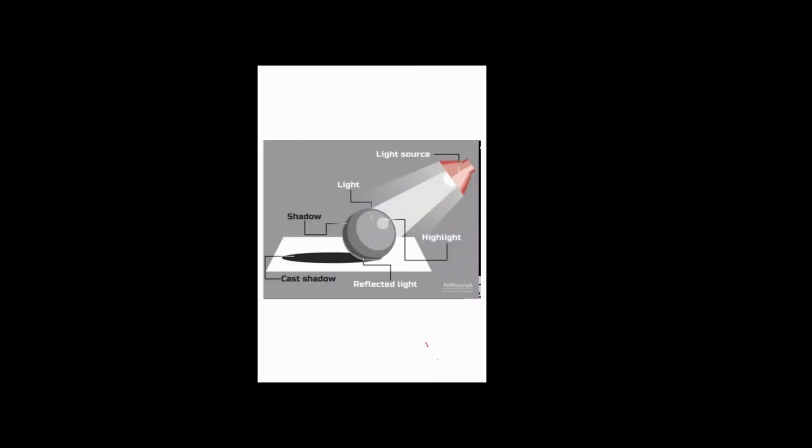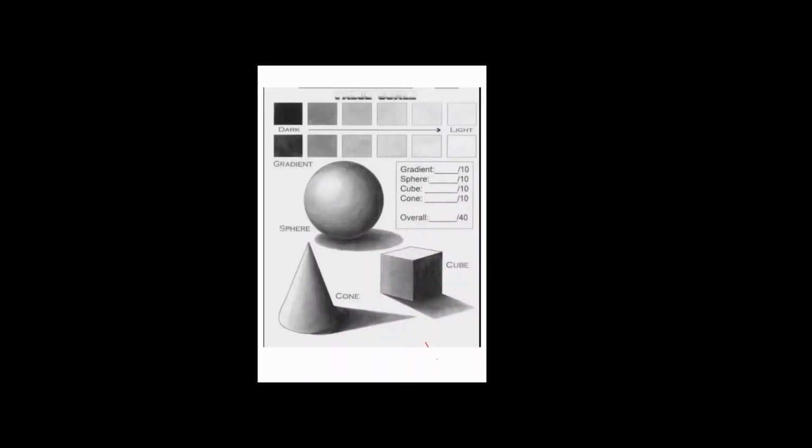Now here comes tonal value. Value is the thing I would like to talk about first. What is value? It is the various gradations of light and dark, either in black and white or in color. That is called value, and generally it is also called tonal value.